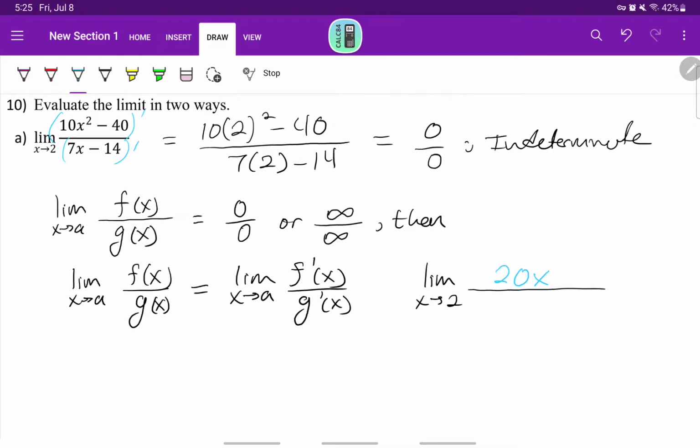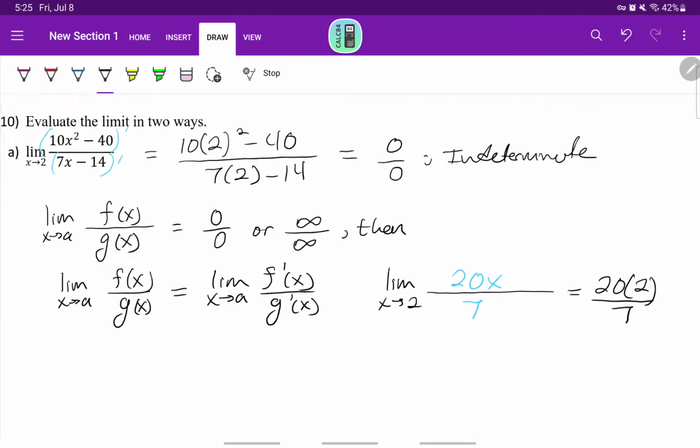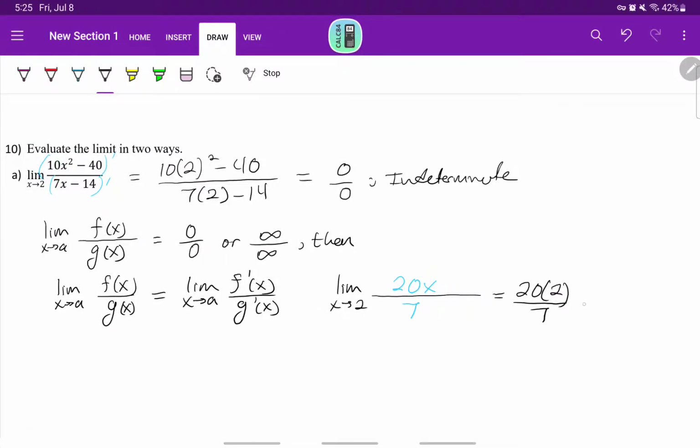The derivative of 7x is just 7. The derivative of 14 is 0. Now we can reevaluate the limit. So that's going to be 20 times 2 over 7. That is going to equal 40 over 7.